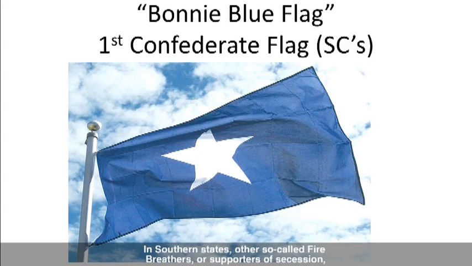In other Southern states, other so-called fire-breathers or supporters of secession adopted South Carolina and even its new flag as the South's leader. When South Carolina announced they were an independent nation, had seceded, they adopted a new state flag, this one, and had a single star to symbolize they were the only state in their new nation.